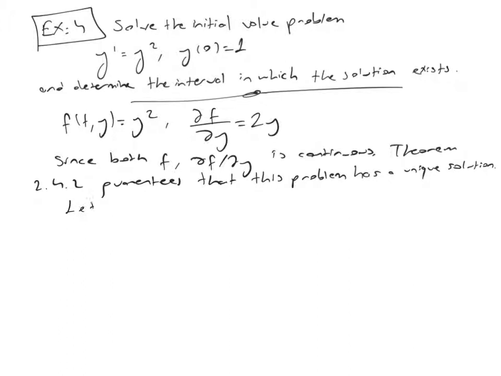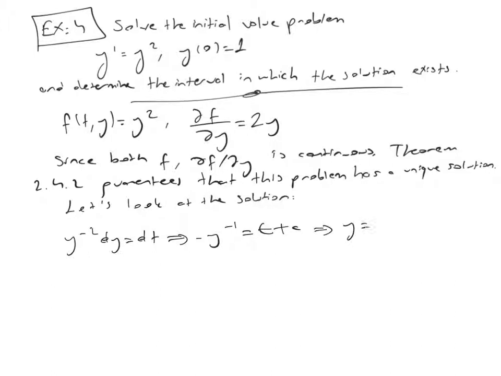And let's look at the solution. Y to the minus 2 dy is equal to dt. So minus y to the minus 1 is equal to t plus the constant c, and y is equal to minus 1 over t plus c.